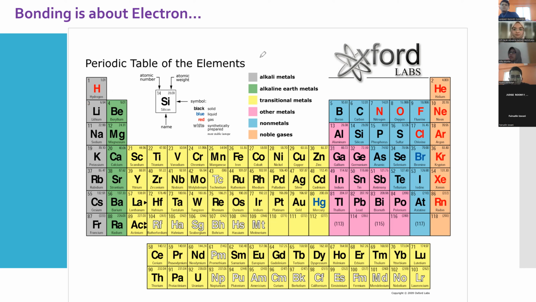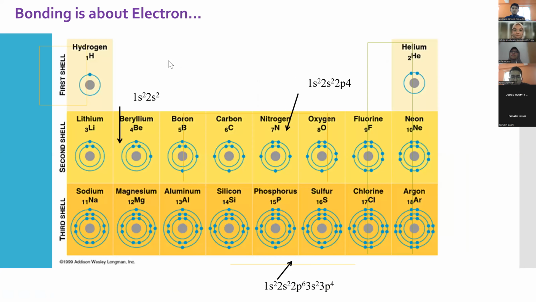So when we talk about bonding, we have to remember this periodic table with the electrons. Hydrogen with 1 electron, lithium with 3 electrons, beryllium 4 electrons. The atomic number tells us how many electrons we have.